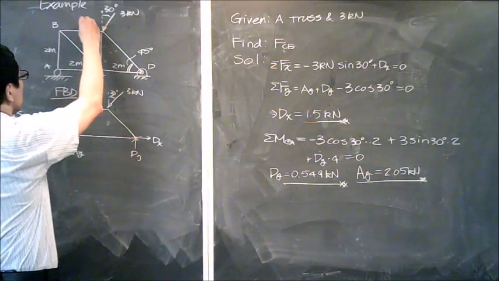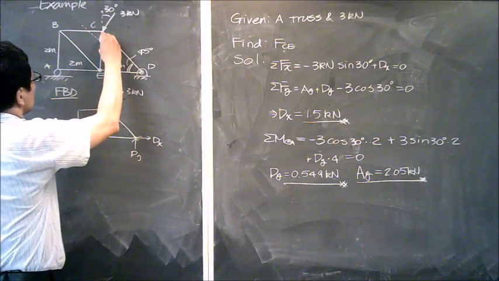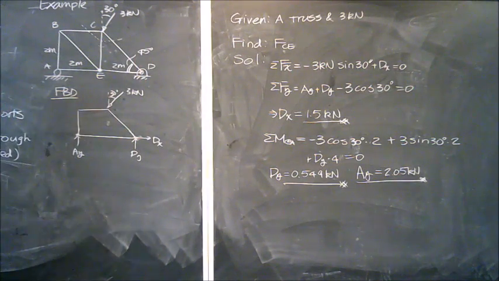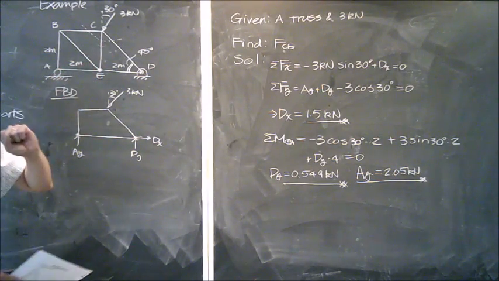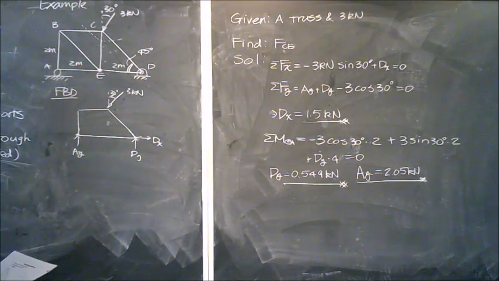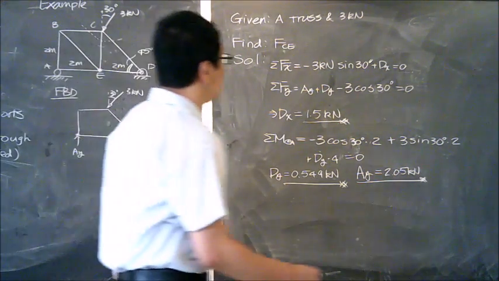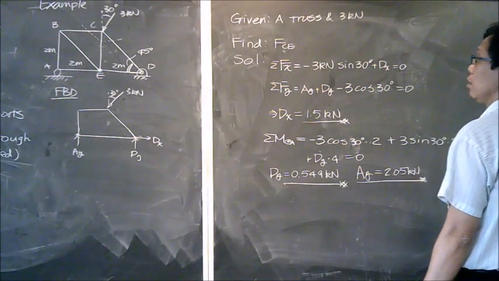So if you want to use method of joint, method of sections, you can just cut over here. So how many forces are we talking about here? 1, 2, and 3. So you can start by solving that.